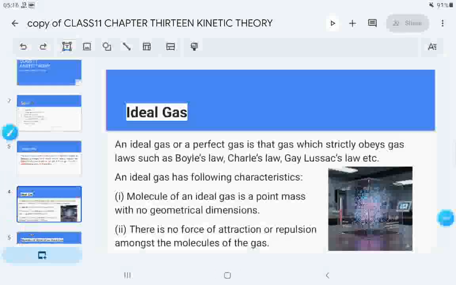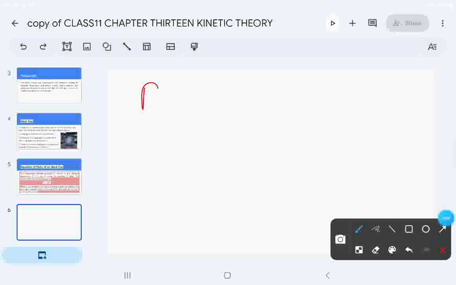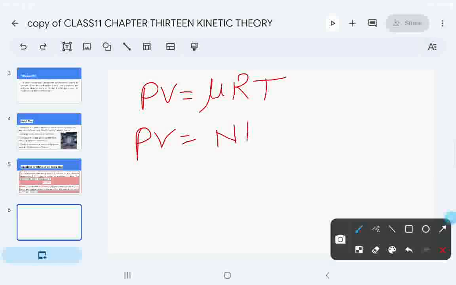See another form of the ideal gas equation. Till now I have told you that you can write the ideal gas equation as PV equals mu, the number of moles, into gas constant R into T, where T is the absolute temperature in Kelvin, and PV equals capital N, the number of molecules, into Kb, the Boltzmann constant, into T. Always remember these two forms. Now see, mu, the number of moles, equals the total number of molecules divided by Avogadro's constant, which is the number of particles in 1 mole.